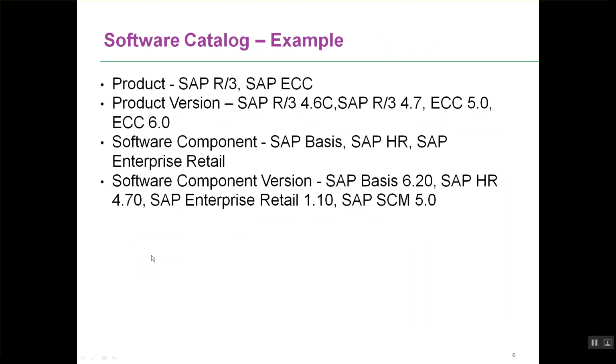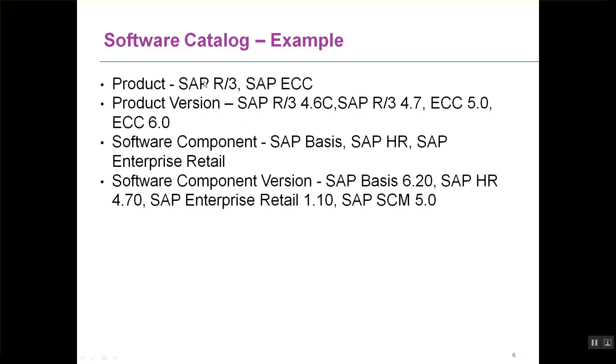Okay. What I want to do is explain a software catalog. I would like to give an example so that I can explain the multiple components within a software catalog. Within a software catalog, the first thing that you need to be aware of is a product. So what is a product? SAP ECC is a product. SAP R3 is a product. SAP CRM is a product. What is a product version, then, you might ask?